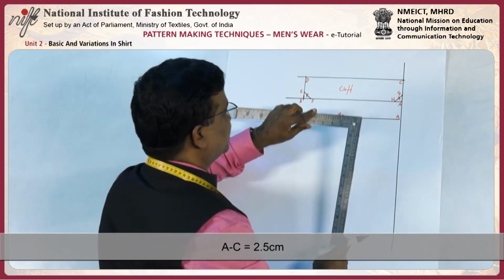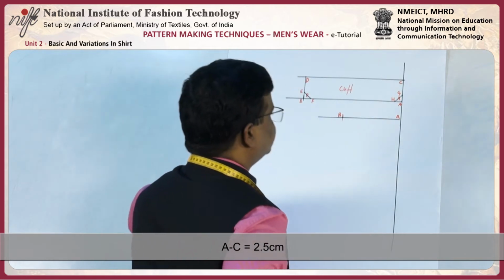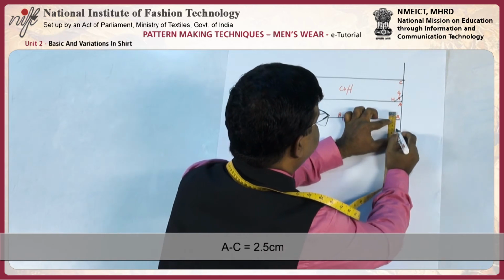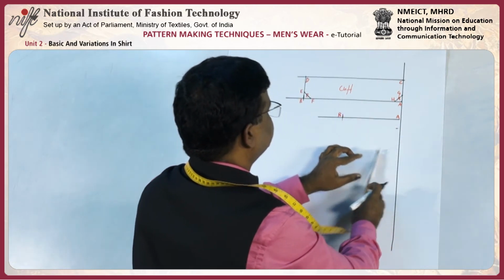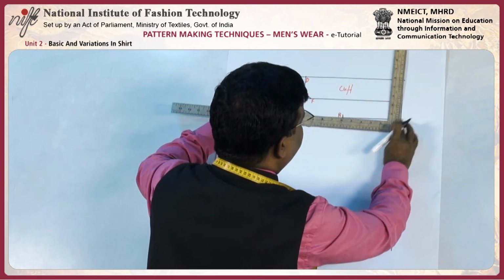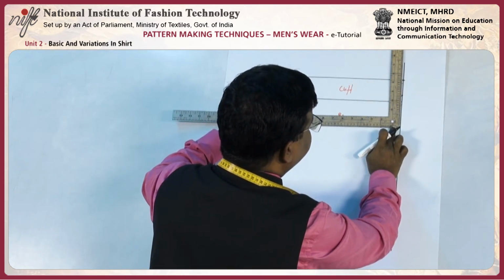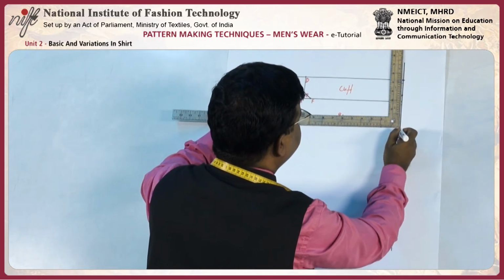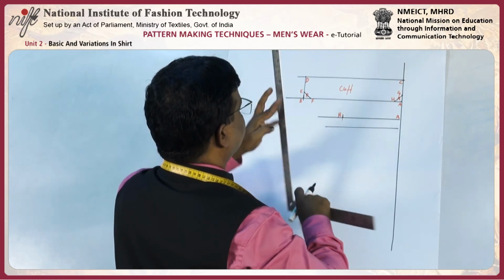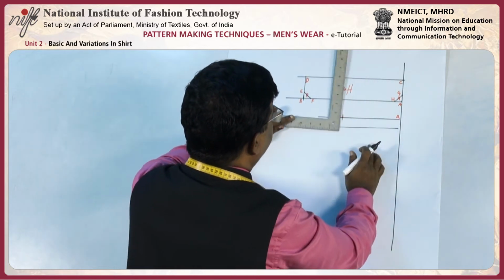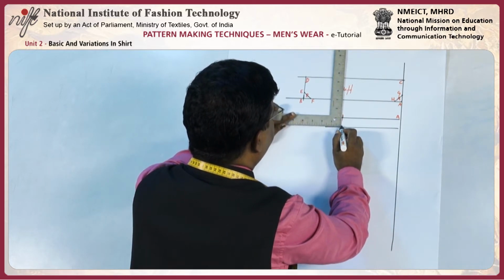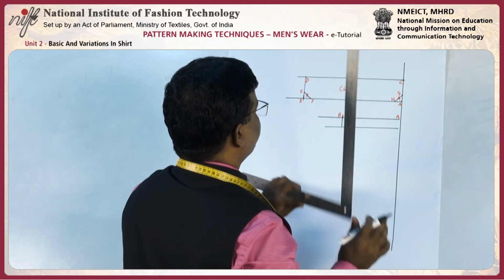A to C, 2.5 centimeter. Square it from C. Then square up to B.